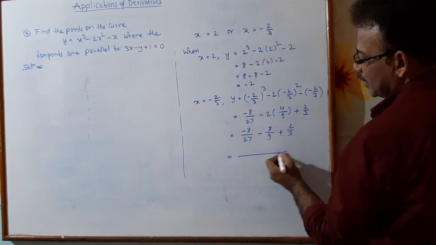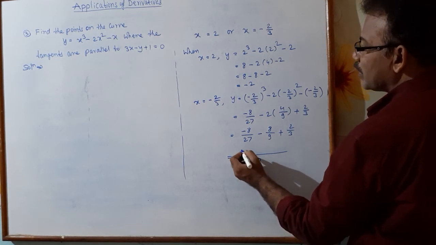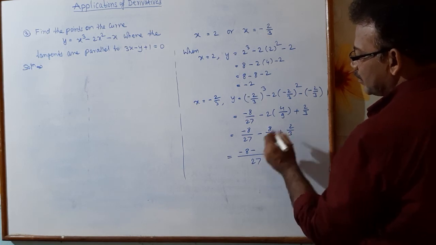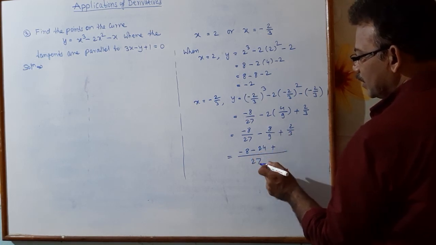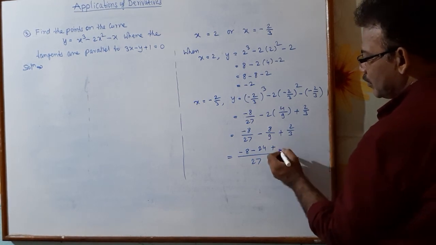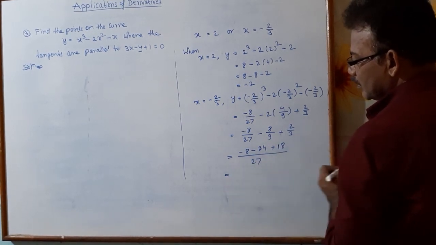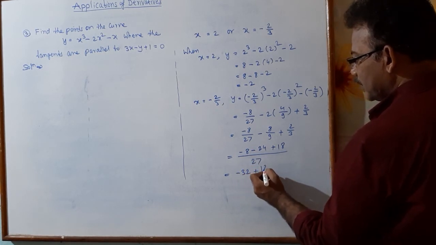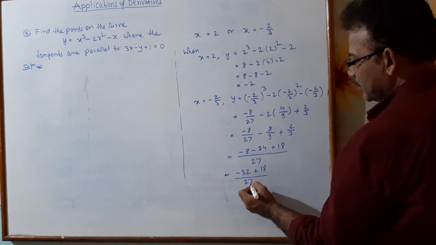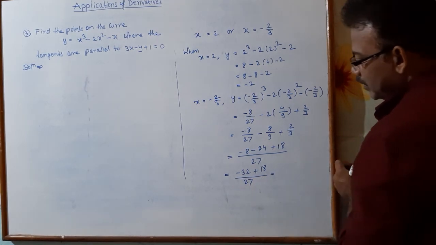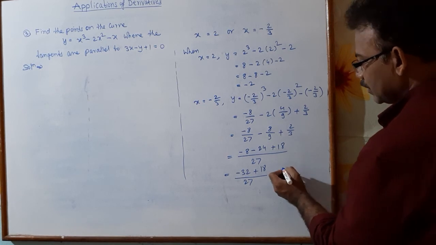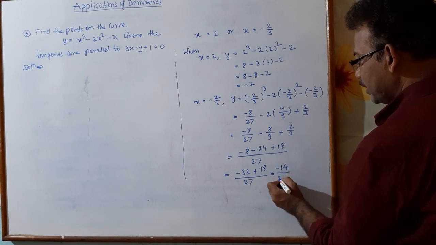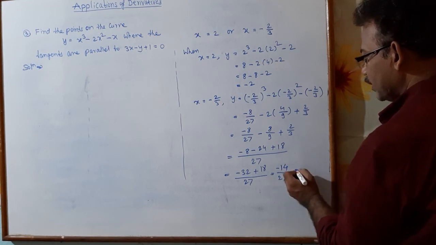Take the LCM here. LCM is 27. So numerator minus 8, minus 24 (3 into 8), plus 18 (9 into 2), divided by 27. That is minus 32 plus 18, which is minus 14, so minus 14 divided by 27, right?